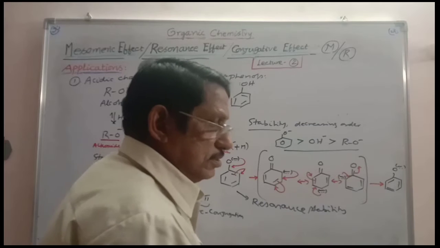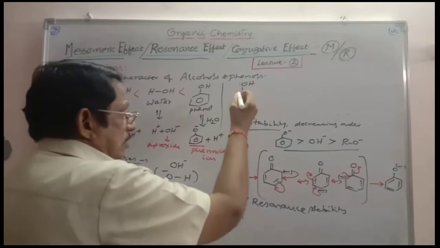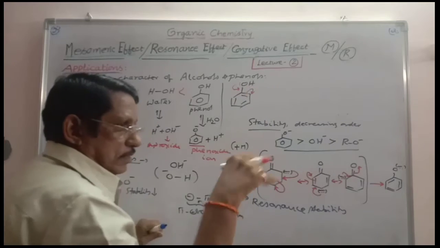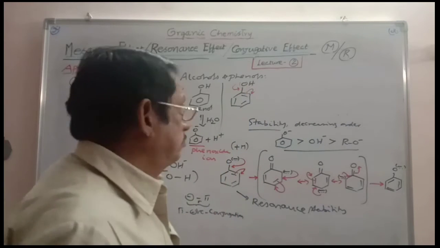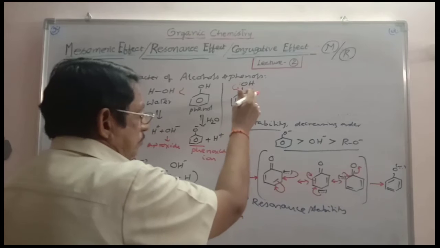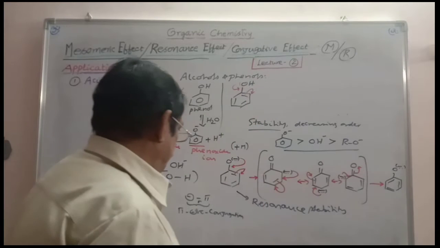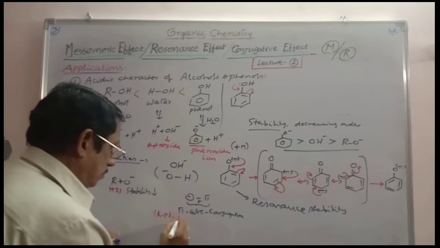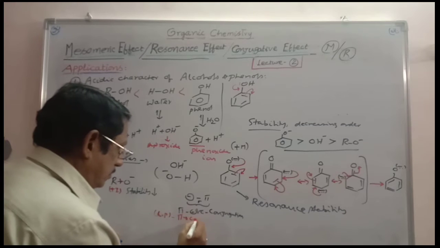Of course, two lone pairs are there, but one lone pair is sufficient. It pushes the lone pair and thereby the pi electron cloud is shifted towards the ortho carbon. And this is the lone pair pi bond conjugation.